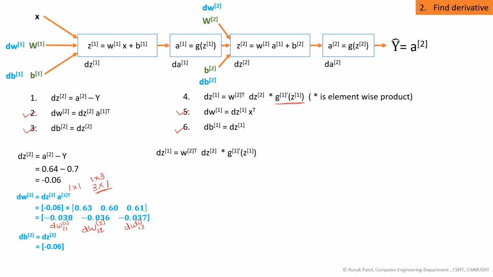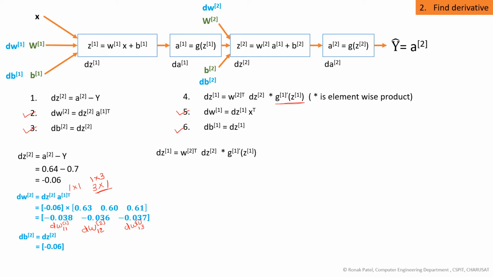Now next, dz1. In dz1, what is required? w2 transpose and dz2. We have dz2 as minus 0.06 and your w2. If you recall, w2 is 1 cross 3.